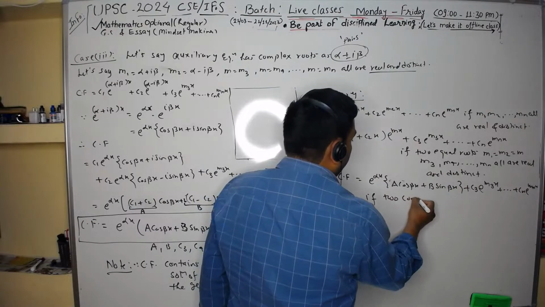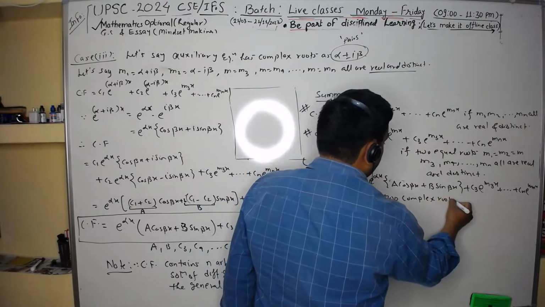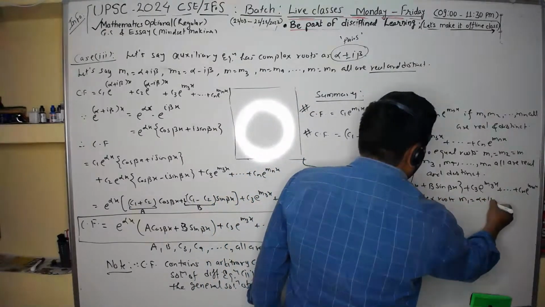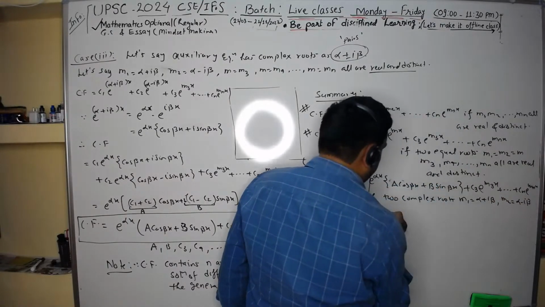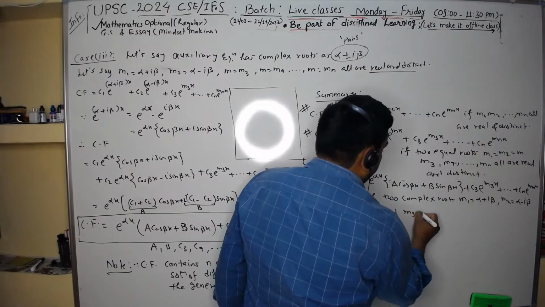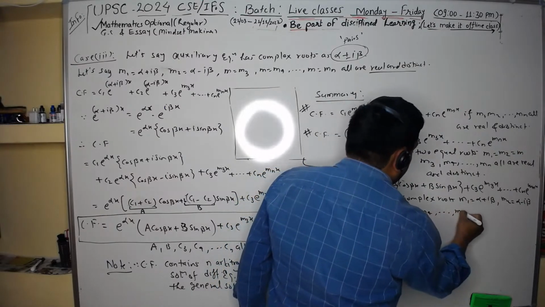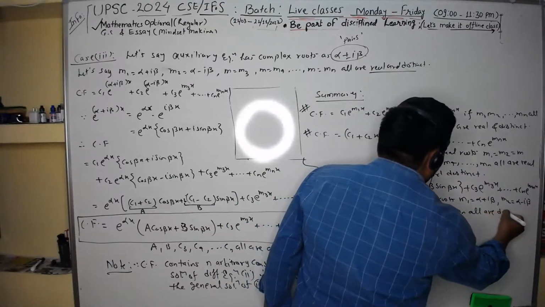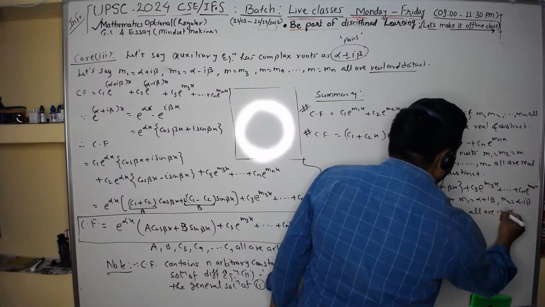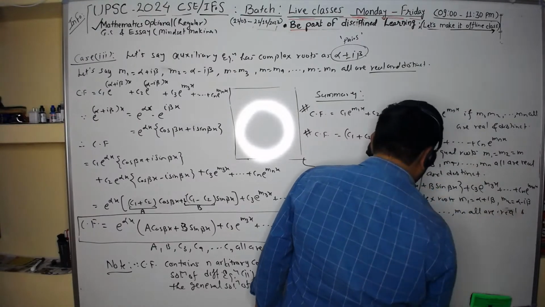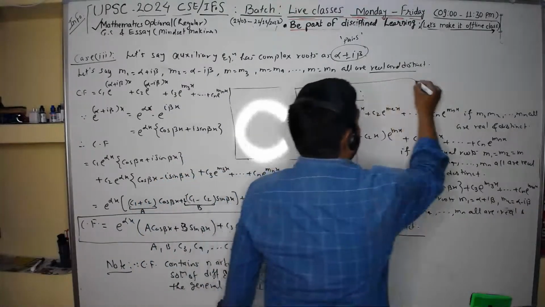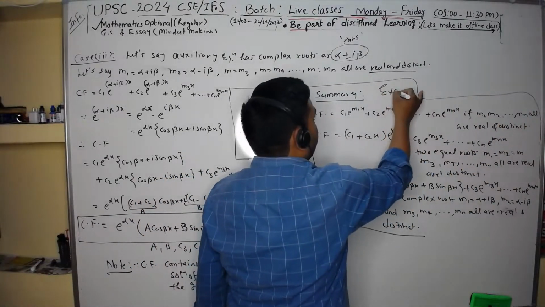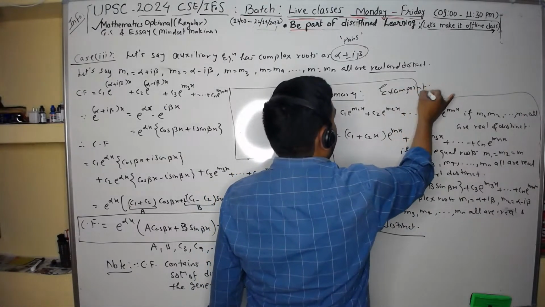If two complex roots, m1 equals alpha plus iota beta, m2 equals alpha minus iota beta, and m3, m4, mn all are real and distinct. This you need to remember, that is your exam point.